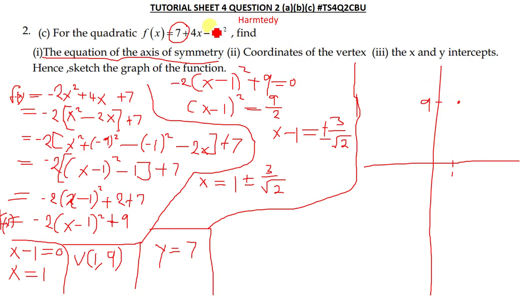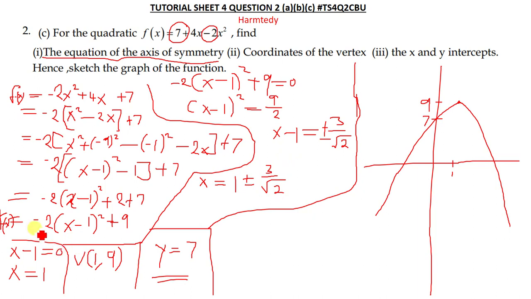Then when you look at the value of a here, it's less than 0, hence it's going to be a maximum. So it's going to be like that. At this point where it's meeting the y-axis, this is the 7, which is the y-intercept, and where it's meeting the x-axis, that's where we have our 1 plus or minus 3 over the root of 2.